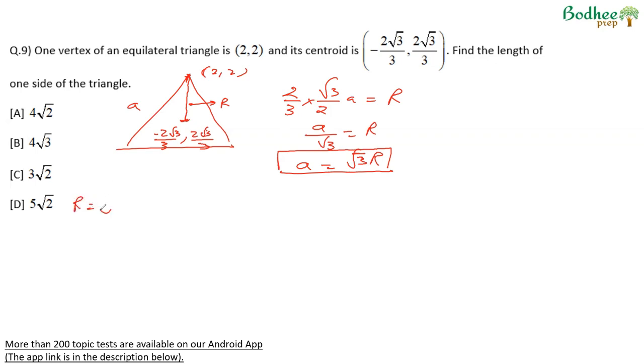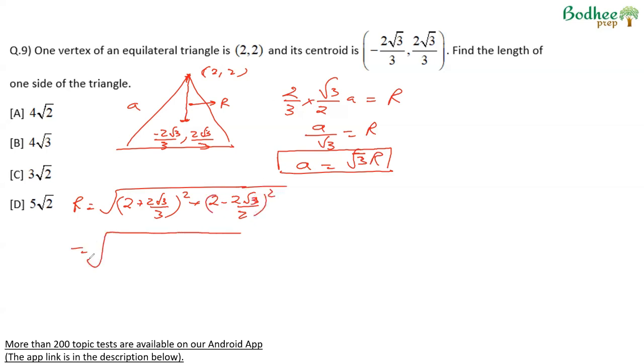The length of R will simply be root of 2 minus 2 plus 2 root 3 by 3 square plus 2 minus 2 root 3 by 3 square, x1 minus x2 square plus y1 minus y2 square under root. So this becomes, this is 4, this will be 12 by 9, or we can cancel out root 3 and write it as 4 by 3 directly.